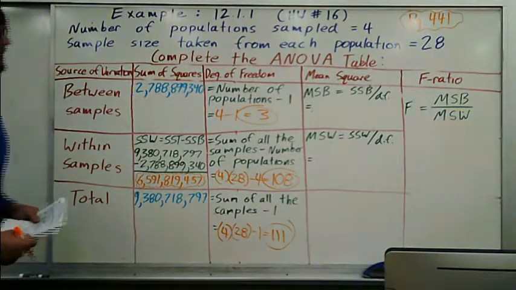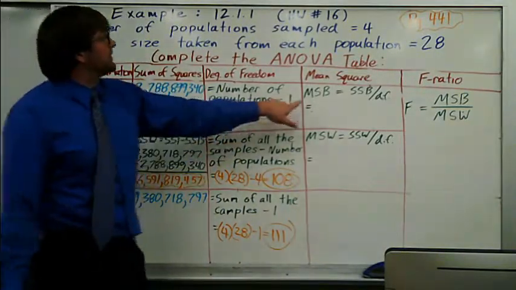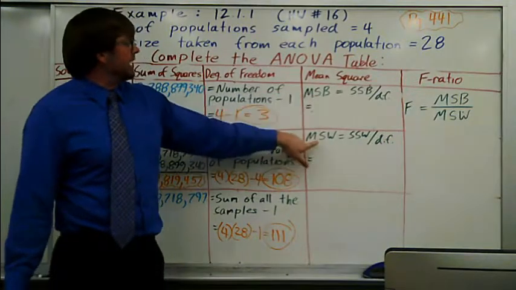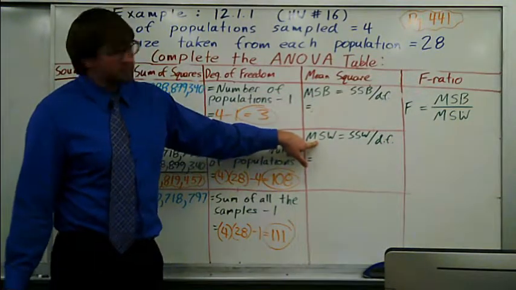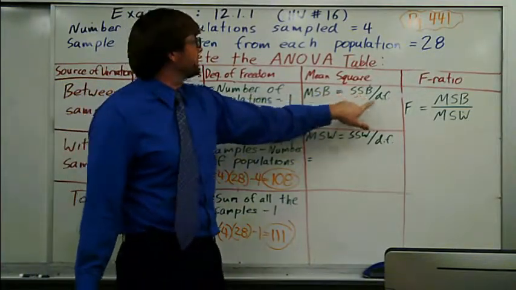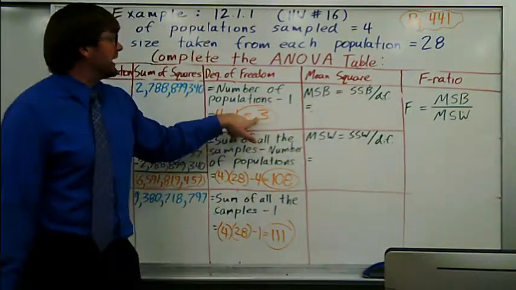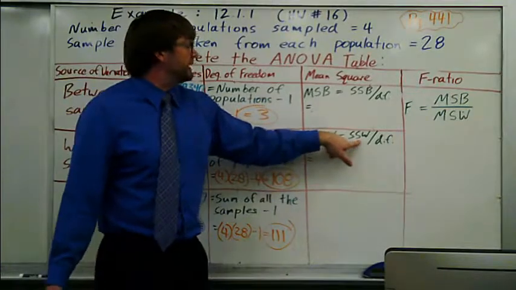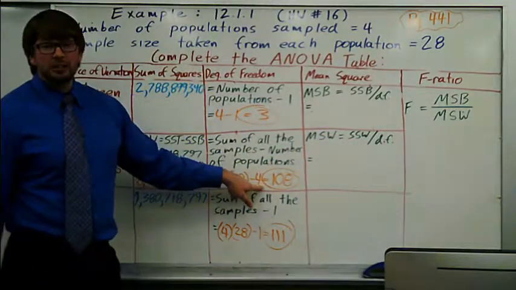Now, the next thing we want to do is figure out the mean squared between and the mean squared within. That's just the sum of squares between divided by the number of degrees of freedom there, and the sum of squares within divided by the number of degrees of freedom there.